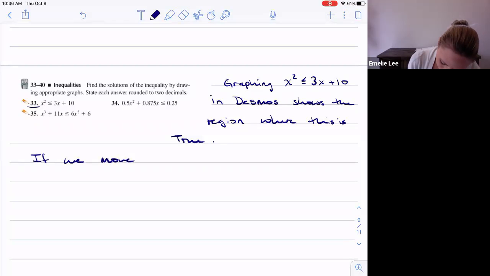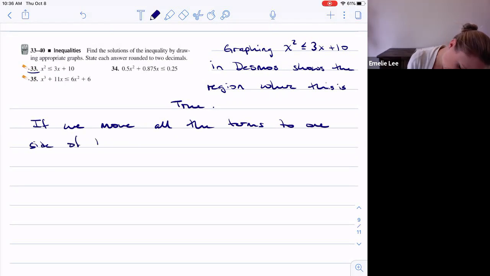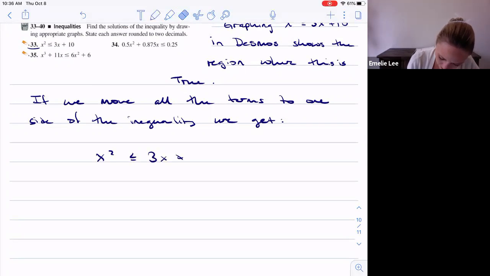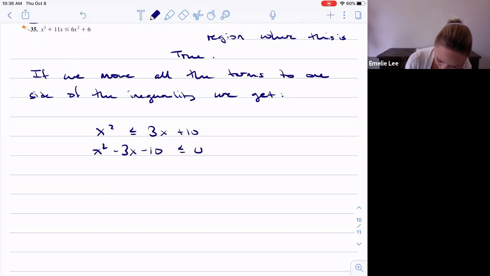If we move all the terms to one side of the inequality, we get x squared is less than or equal to 3x plus 10. Then we have x squared minus 3x minus 10 must be less than or equal to 0.